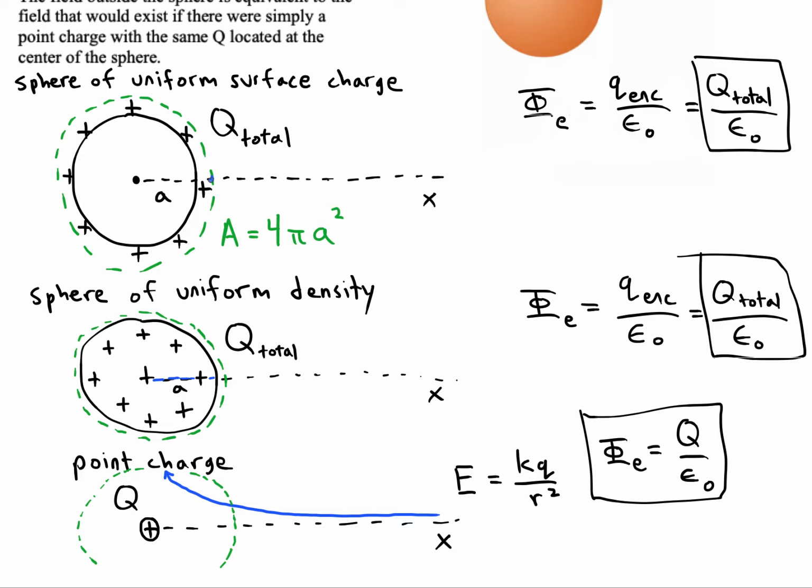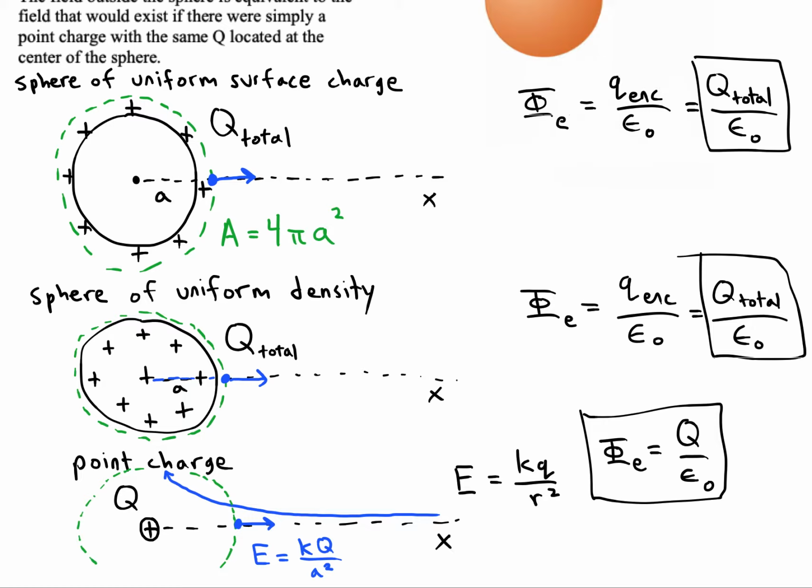So we determined that the electric field at this point, and at this point, and at this point will all be the same. And it's all given by the formula E equals kQ over a squared.